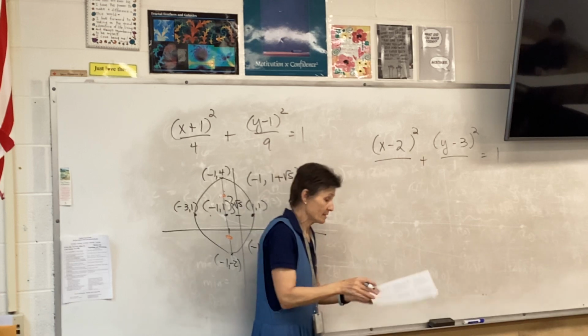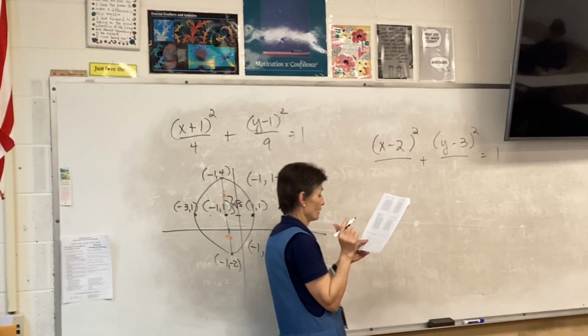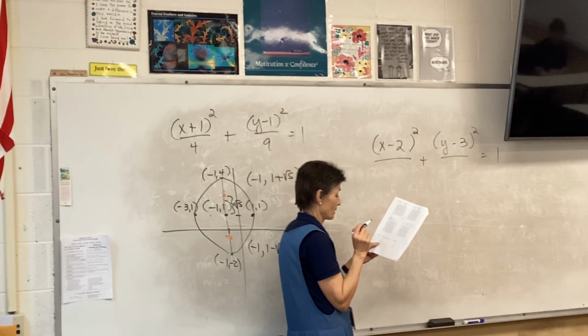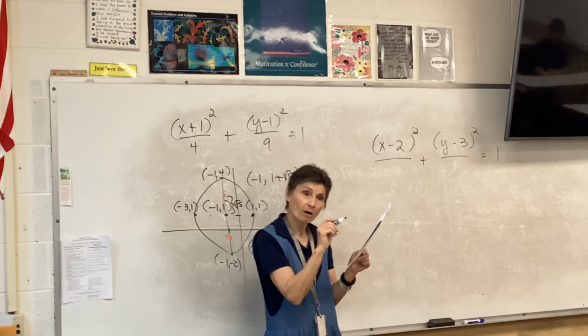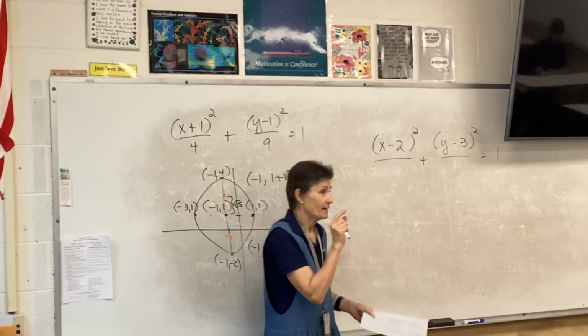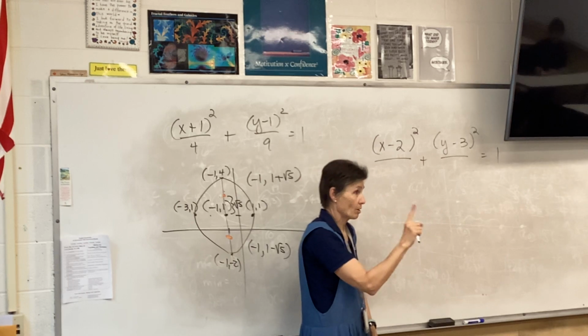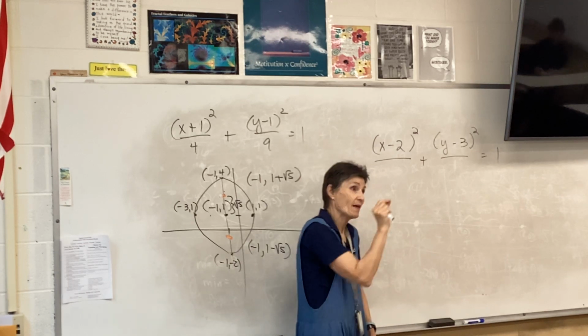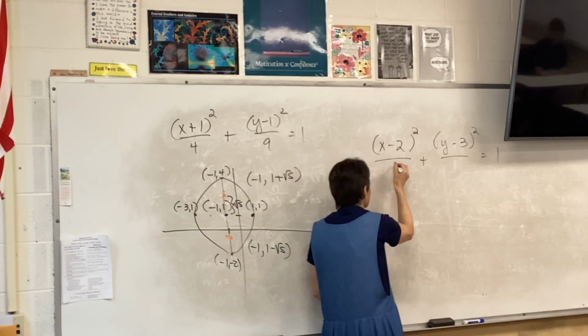Now, how did you get the denominators, Jacob? You said you had those two also. Depending on how much it goes left or right or up and down. Okay. So this one went how far left and right? 4. Okay, now guys, because it went this way 4, center, that way 4, what number had to be under the X? 16.